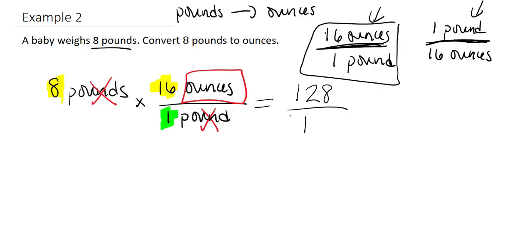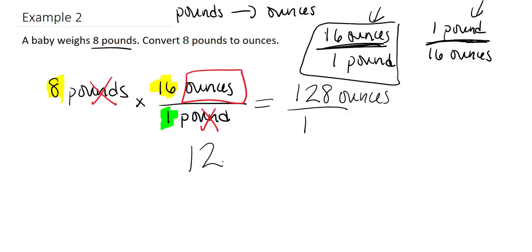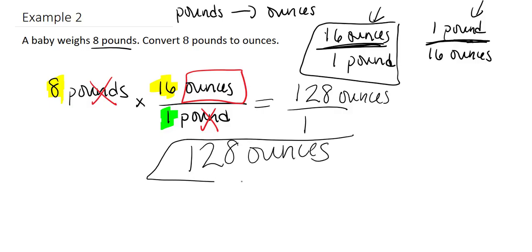And then we're going to divide it by 1. And we only have ounces. Anytime we divide anything by 1, we just get itself. So we get 128 ounces. So 8 pounds is the same as saying 128 ounces. Now let's do another example.